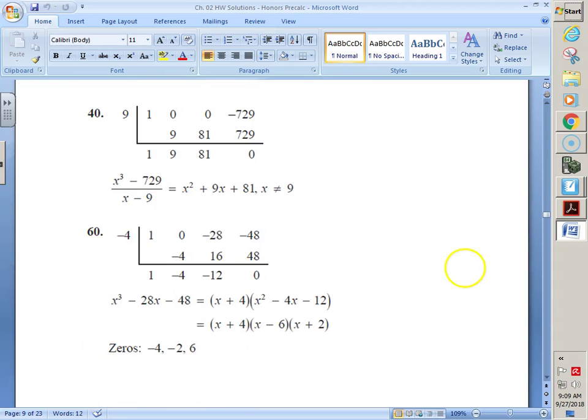40 and 60? 40, what were the directions? Was it just use synthetic division? Okay. If you're using synthetic division to break down a polynomial, these are not the exact same thing unless you say x does not equal 9.